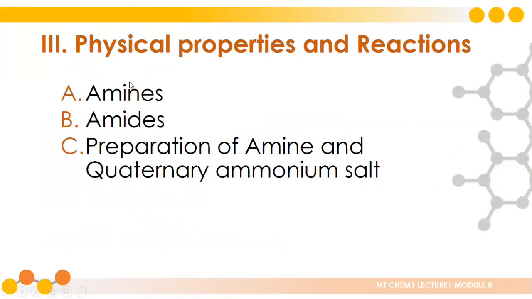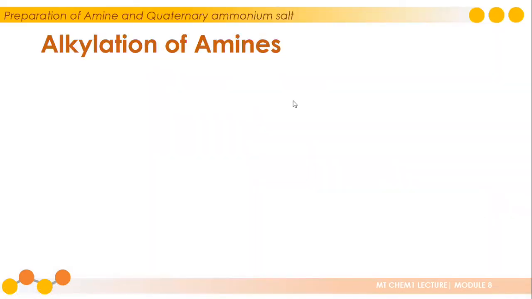So those are the basic physical properties of both amines and amides. Let's take a quick look at how the preparation of amines and quaternary ammonium salts happens. This is also what we call the alkylation of amines.